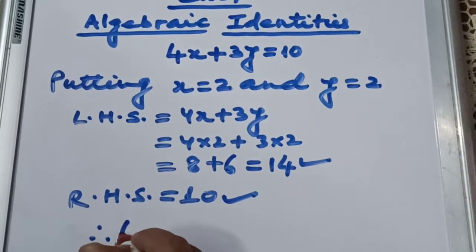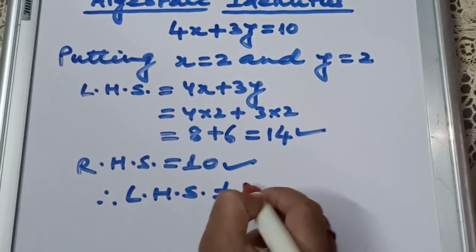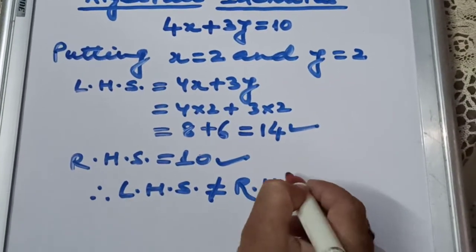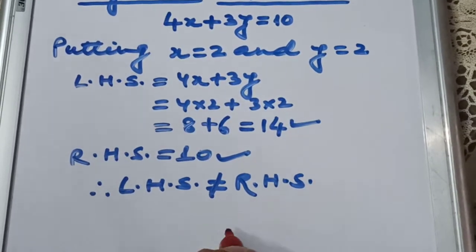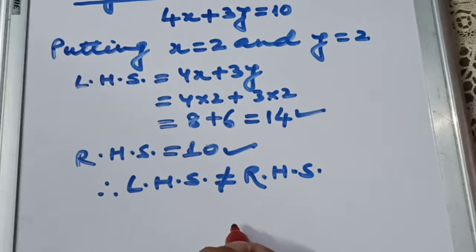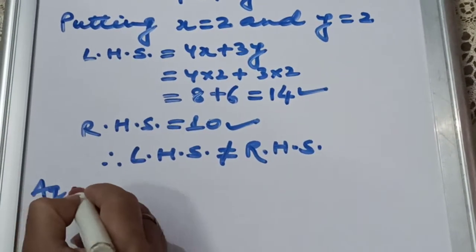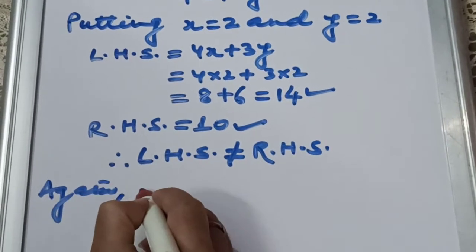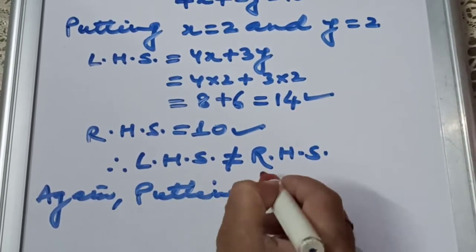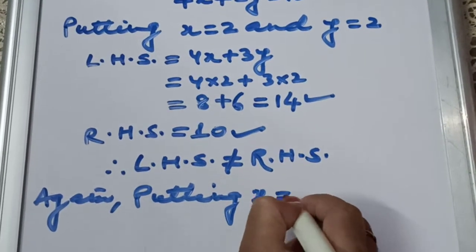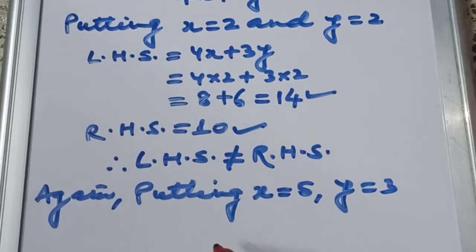Then we can write LHS is not equal to RHS. We will take another value. Again putting x is equal to 5, y is equal to 3.